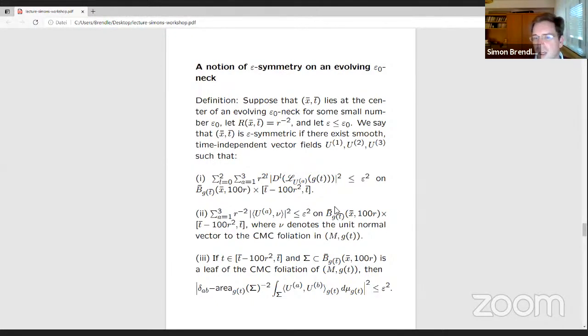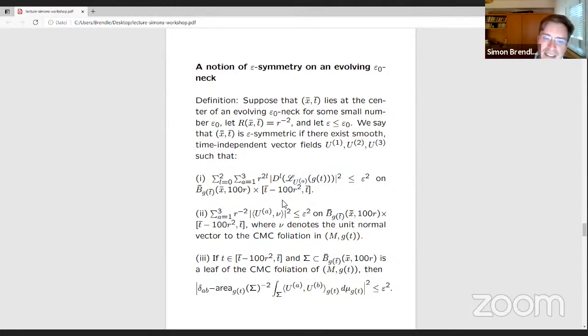I want to control up to 2 derivatives, but that's not terribly important. And then the derivatives have a certain scaling, so I have to scale by the radius of the neck. But morally speaking, what I'm really trying to say is that I want approximate killing vector fields which preserve the metric up to errors of order epsilon.